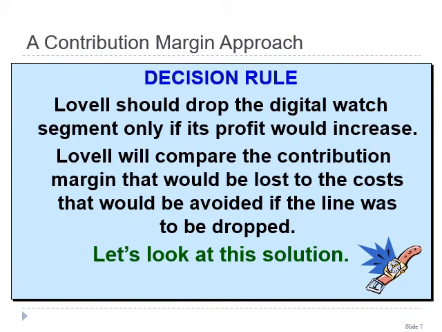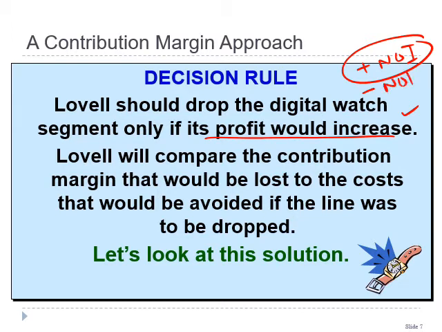Here the decision rule is: Lowell should drop the digital watch only if its profits would increase, which means net operating income increases. If net operating income will decrease by dropping the digital watch segment, they will keep it. So Lowell will compare the contribution margin that would be lost to the costs that would be avoided if the line were dropped.